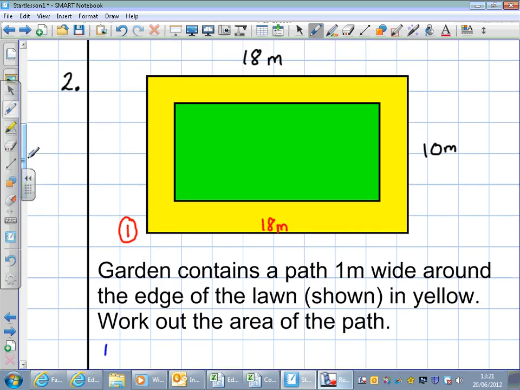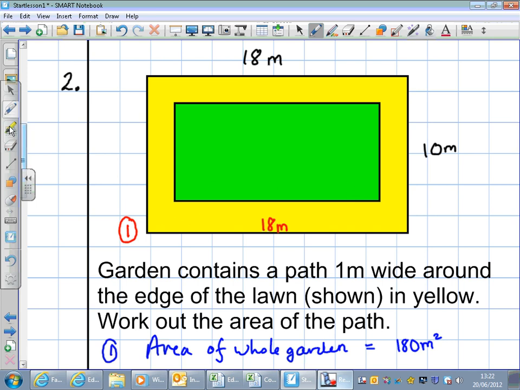They're giving more marks now and paying more attention to how you set out your work. So let's make it clear. The area of whole garden equals 180 meters squared.